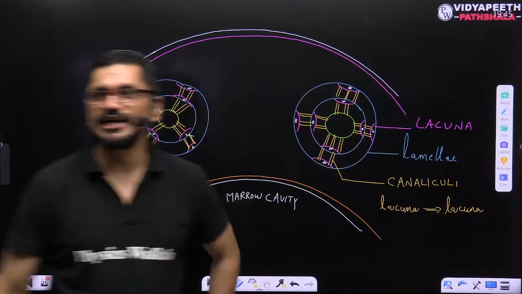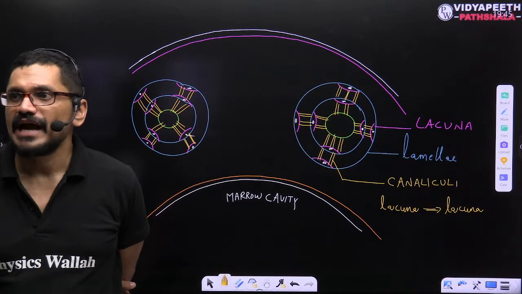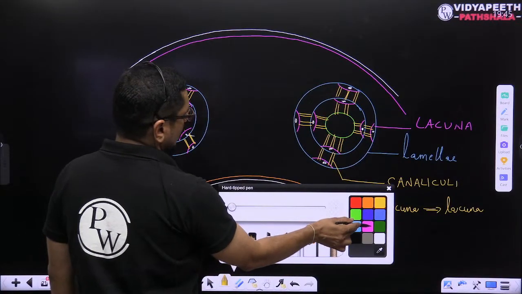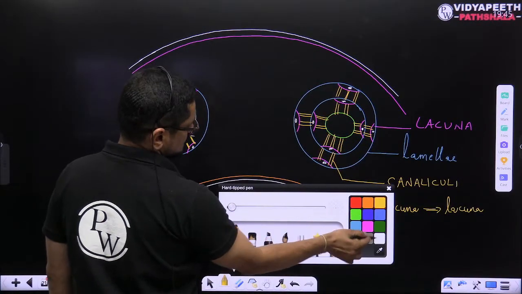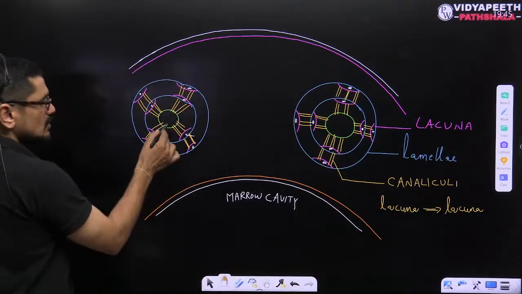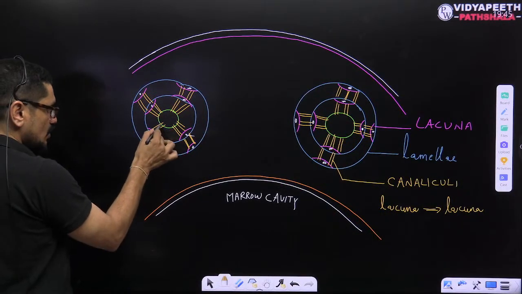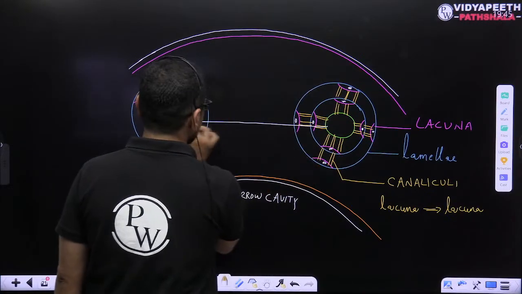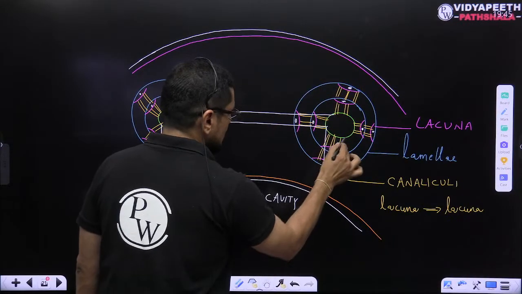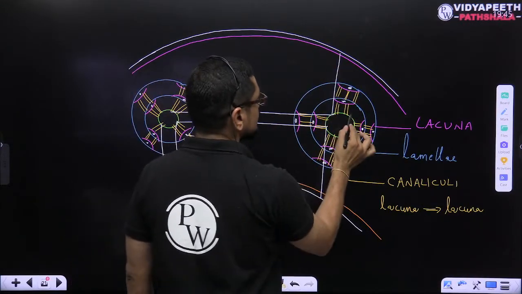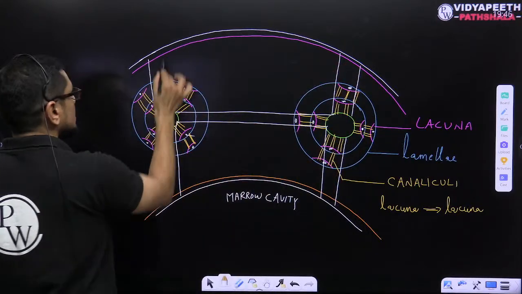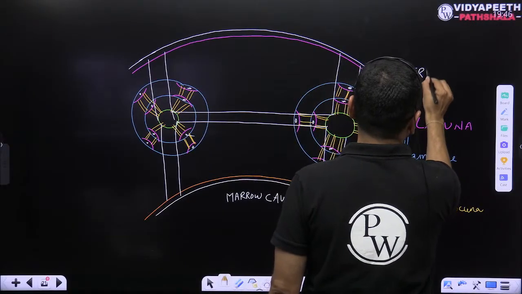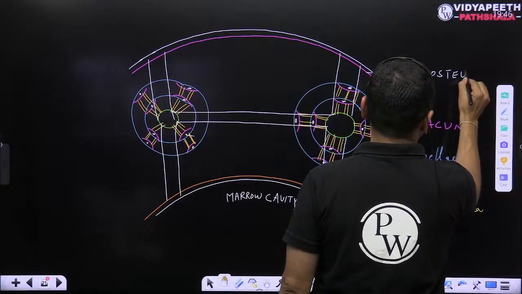Am I clear till now, my dear friends? Good. And now see here, I will represent the long canals. What is the central canal? Haversian canal. See now, there is a connection between one Haversian canal, another Haversian canal, the periosteum and the endosteum.